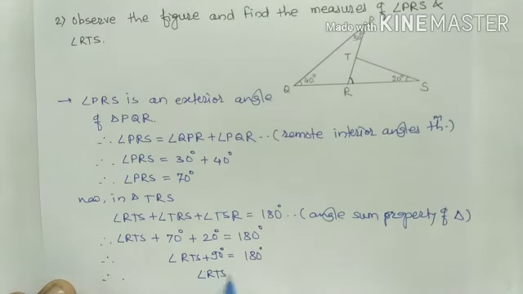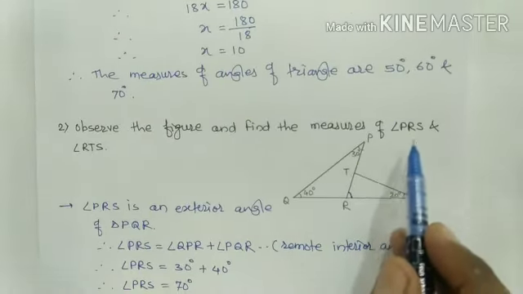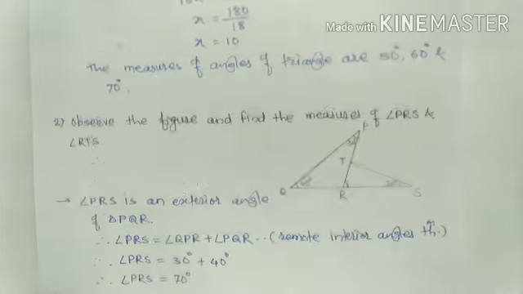Therefore angle RTS equals 180 minus 90 after changing the side, equals 90 degrees. In this way we find the measures of the asked angles, angle PRS and angle RTS, by using the remote interior angle theorem and angle sum property of triangle.